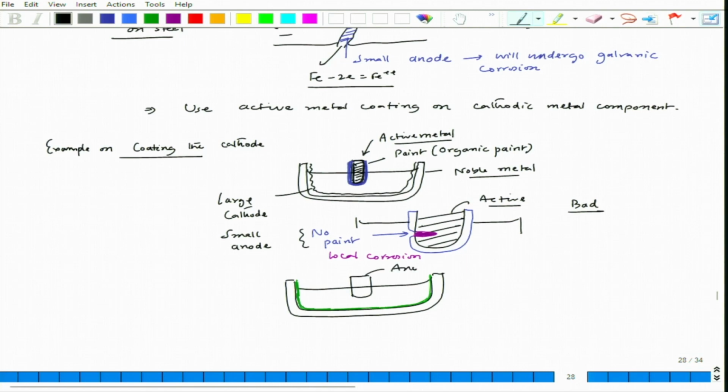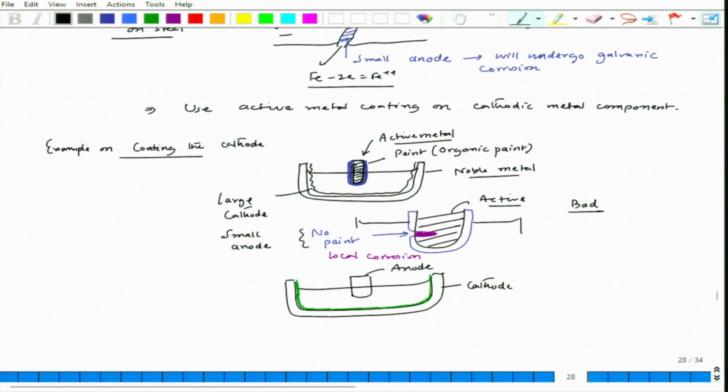This is anode and this is cathode. But since we have painted the entire inner surface of the container, that means we have covered the entire cathodic area with a non-conducting paint.